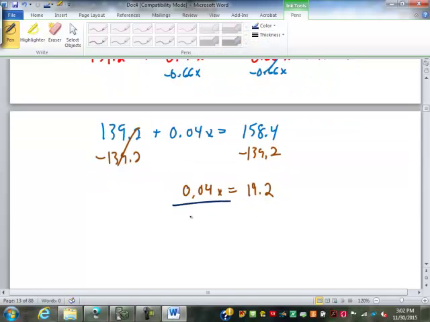Then we divide by 0.04, which gives us 480. It is 480 milliliters.